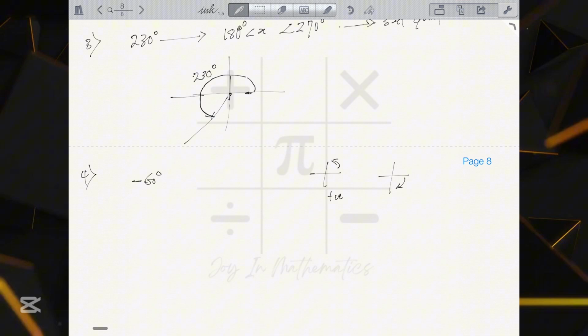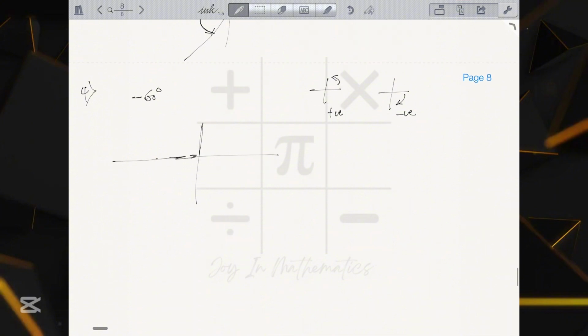So for minus 60 degrees, we start from the positive x-axis and move to form minus 60 degrees. And this is in the fourth quadrant.